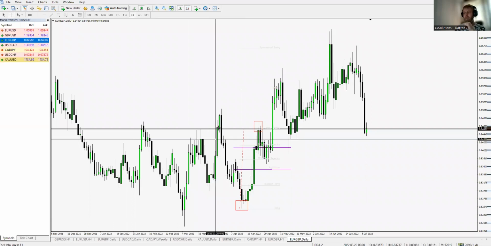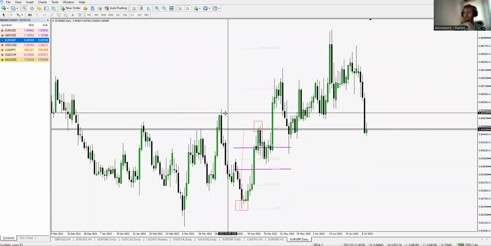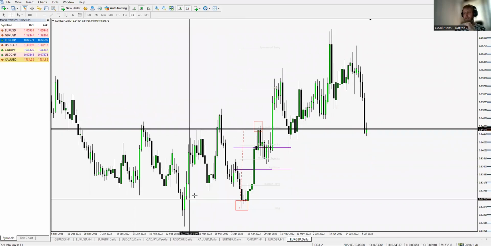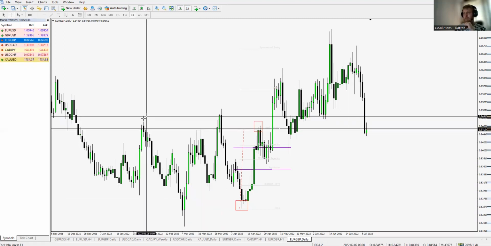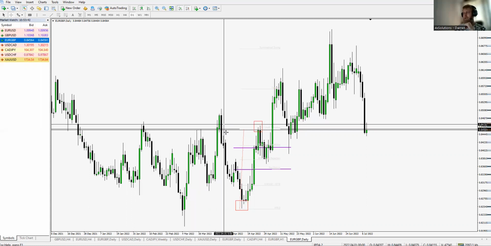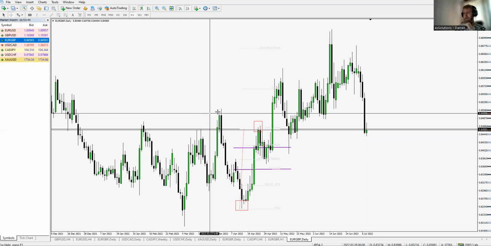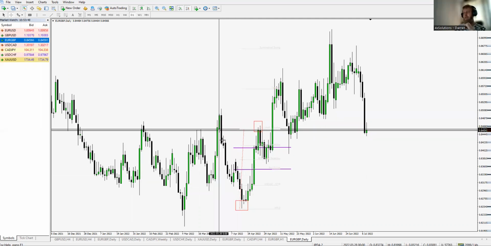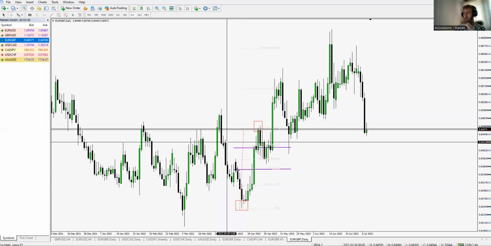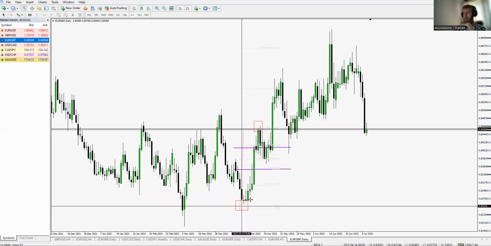Maybe they bought again over here, but they don't continue to buy. They will exit some buys they took in a discount over here and distribute these buy side liquidities above, and then price will retrace, not because they're selling, but because they're no longer buying. Then price will retrace because they're not buying, and then they will buy more orders.